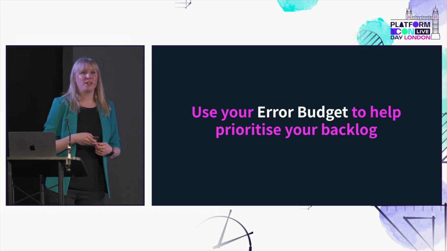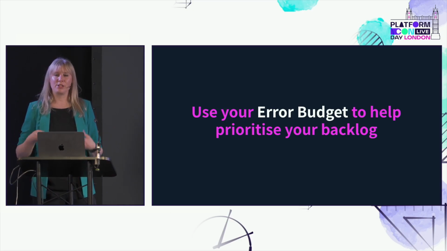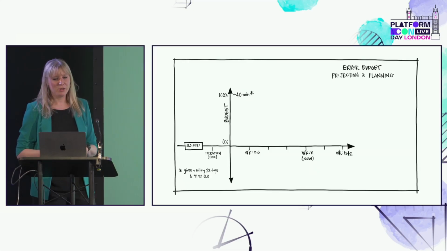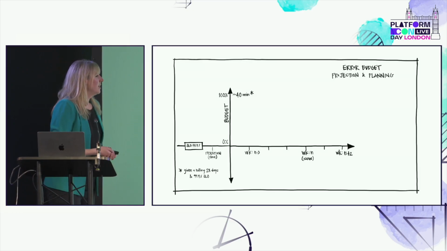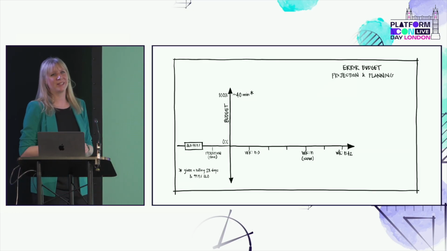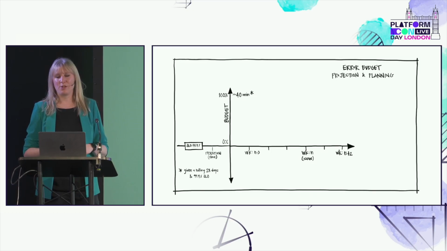Another thing that I always advise people do, and this is something that I don't see a lot of SRE or platform teams doing as a routine and as a ritual, is to use their error budget to help prioritize. So I'll talk you through a little bit of an error budget example and how you might reprioritize your backlog based on incidents and based on your error budget.